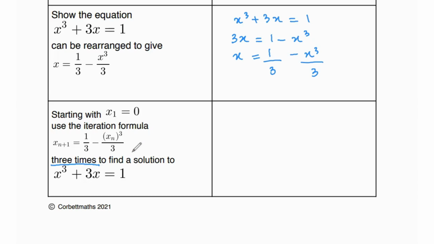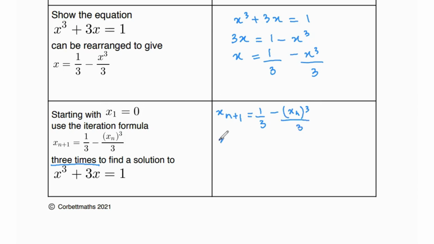As you can see, this is exactly the same as the equation we made in the previous part. But what they've done now is replace the subject with xn plus 1, and the x on the other side with xn.